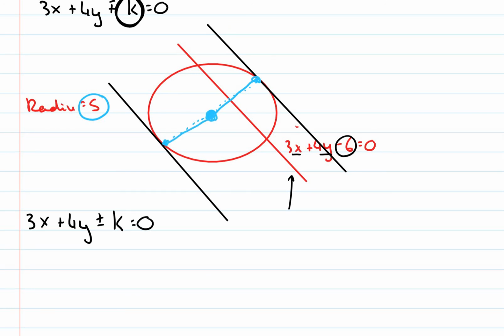So, thinking back to our coordinate geometry of a line, I can use the formula to find the perpendicular distance between a point and a line, and let it equal 5. So if I can let it equal 5 and work back and find two values for k, that will solve my problem.